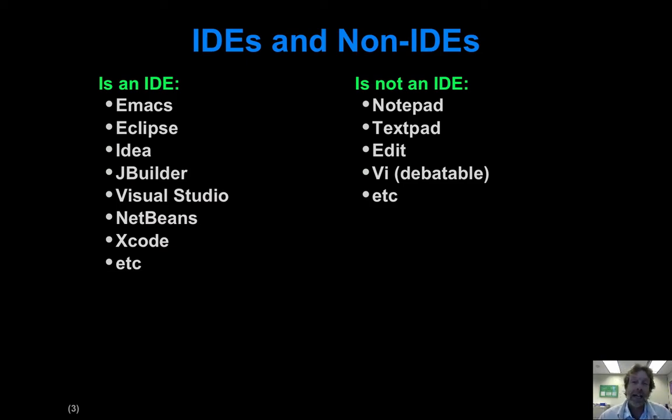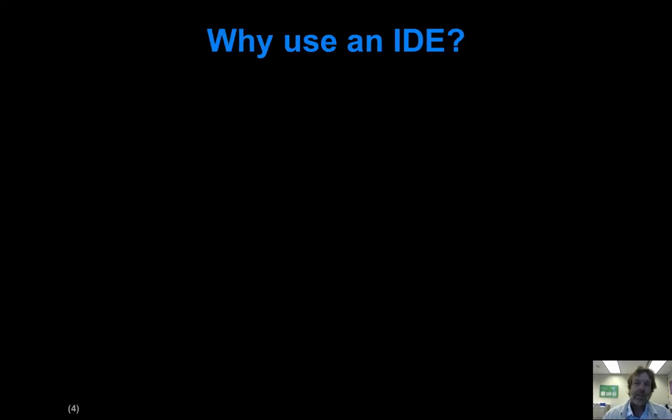Notepad is fine if you're going to edit a file that contains some path definitions or something like that. An IDE isn't going to really help you that much in that kind of environment. But to use a primitive text editor for the purposes of developing source code, that's just crazy.